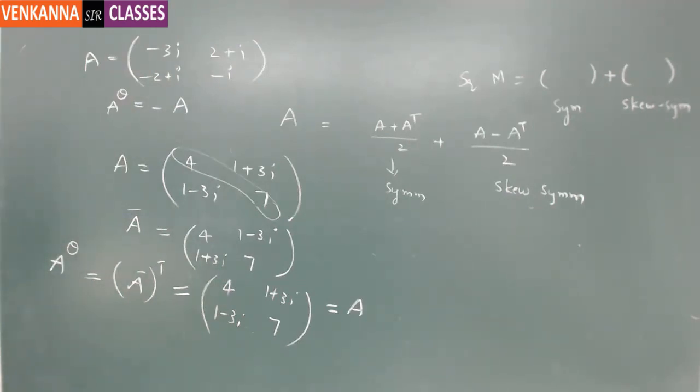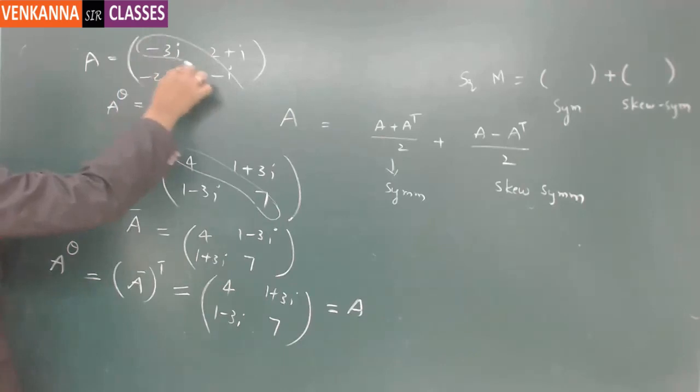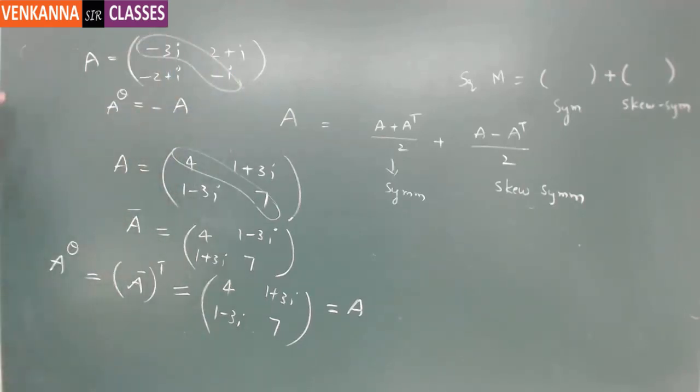So in this point of view, we can say one thing, that in a skew Hermitian matrix, the diagonal entries are either 0 or imaginary numbers. So this is the property generally we observe from the skew Hermitian matrices. Okay.